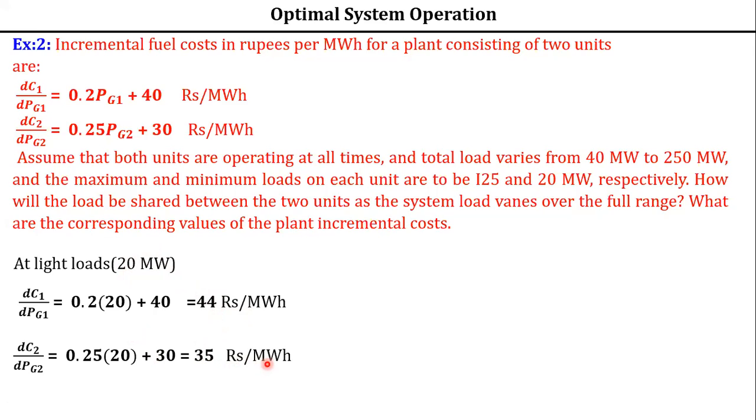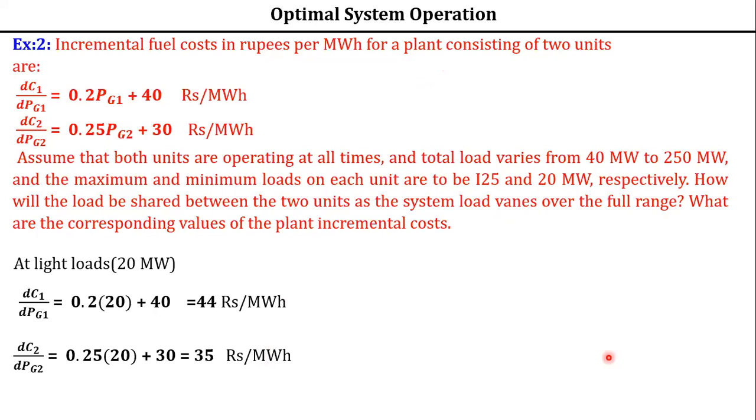So using your common sense, can you tell me which plant you are going to prefer? Sorry, not plant, unit. Which unit you are going to consider at light loads with these values of lambda we got?